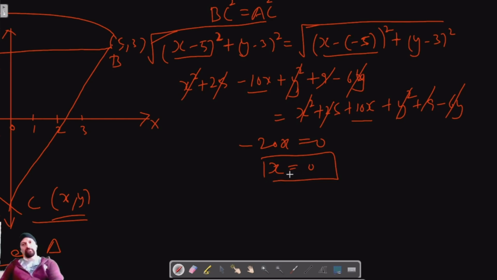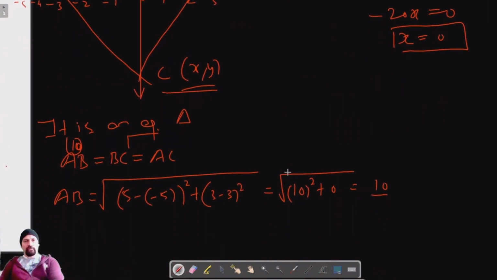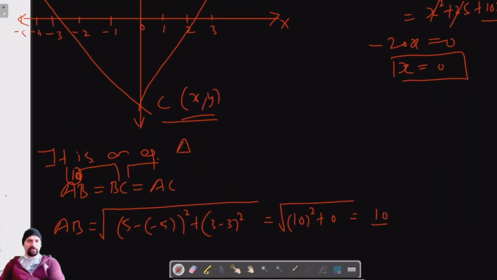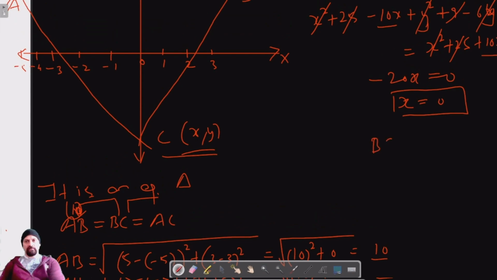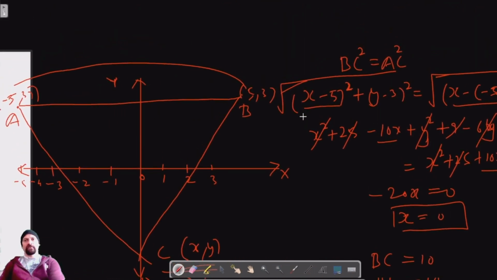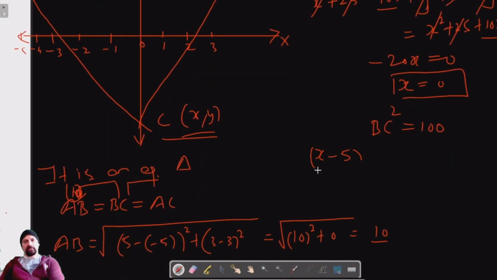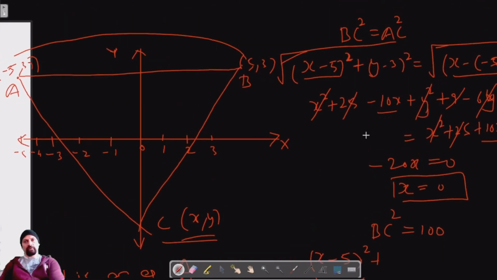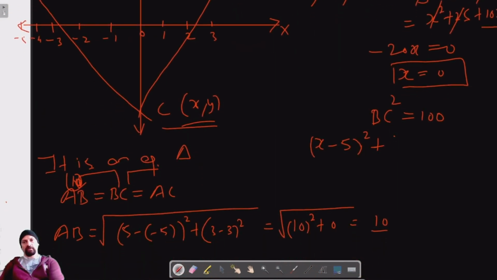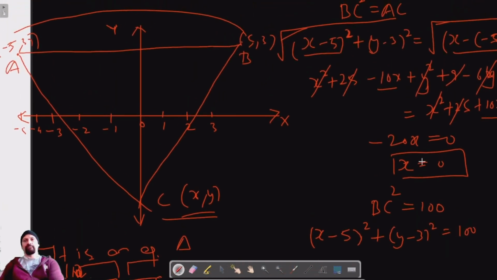So x is equal to 0. Now let's find y, and for that let's equate BC to 10. So BC square should be equal to 100. It's x minus 5 the whole square plus y minus 3 the whole square is equal to 100.